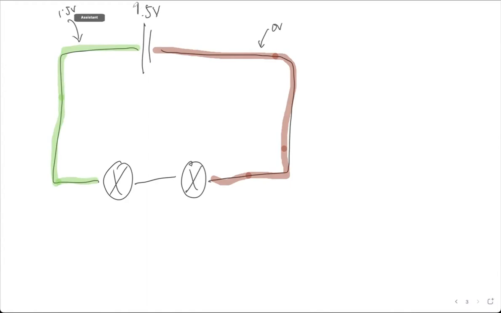Why? Because this battery raises the potential from 0 volt to 1.5 volt to the left side. So this 1.5 volt is between the green point and the brown point.